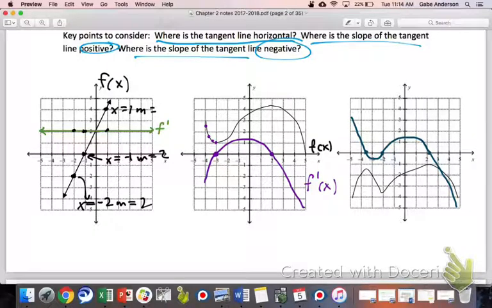It would actually be a horizontal line through 1, because you said the slope was 1, which is fine. Remember that f prime is graphing the slopes versus the x-axis. What you're telling me is no matter what the x value is, the slope is 1. And so the graph of your derivative would need to reflect that.